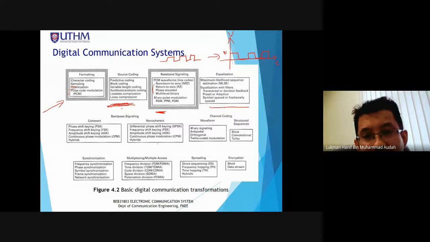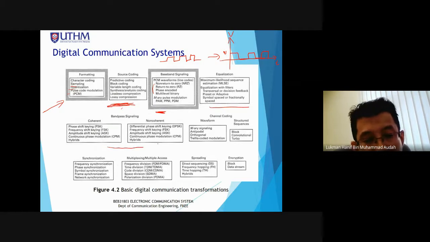Equalization tidak dipelajari dalam chapter 4. Subjek ini tidak dipelajari. And then what? Bandpass signaling ada dipelajari, coherent and non-coherent ada disentuh dalam chapter 4. Okay, bandpass signaling macam mana? Bermakna kita ada digital data, we want to transmit wirelessly.